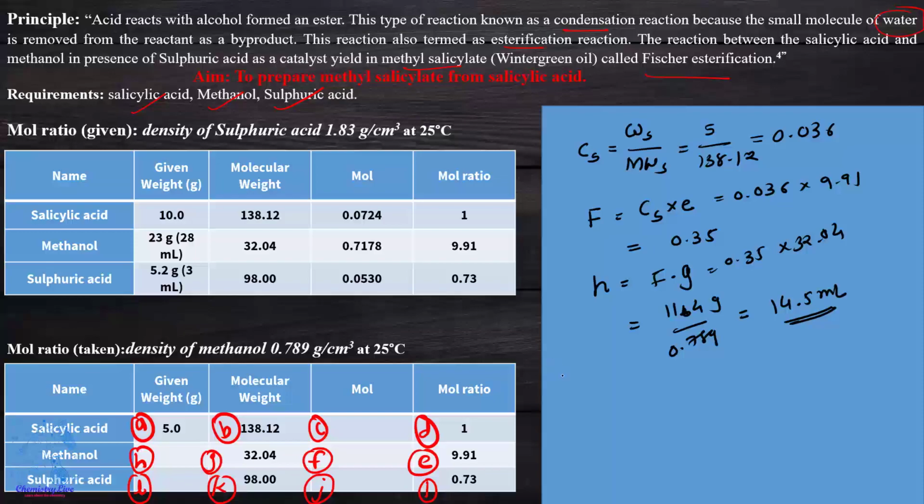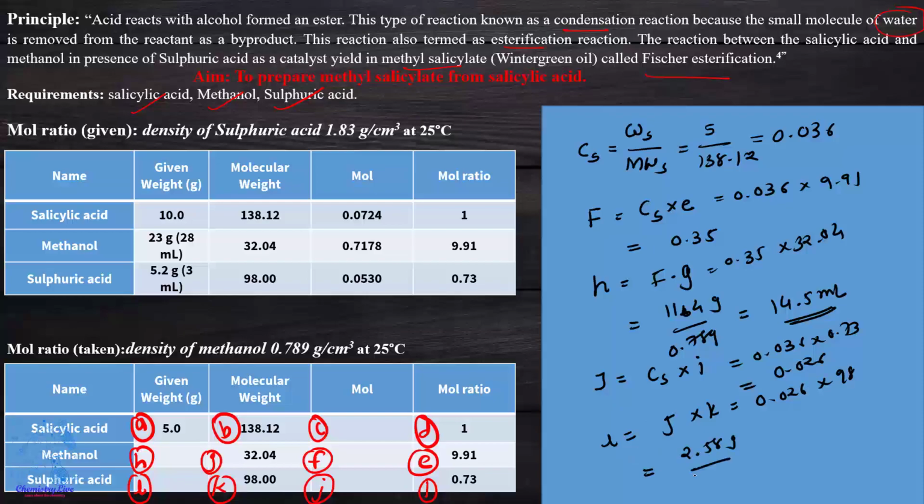Now we'll switch to the amount of sulfuric acid. For that purpose we need a J value. For the J value we need CS multiplied by I. The CS value is again 0.036 and the I value is 0.73. If we multiply, we get the value 0.026. That 0.026 we multiply by K, 98, the molecular weight of sulfuric acid, and we have 2.58 gram.